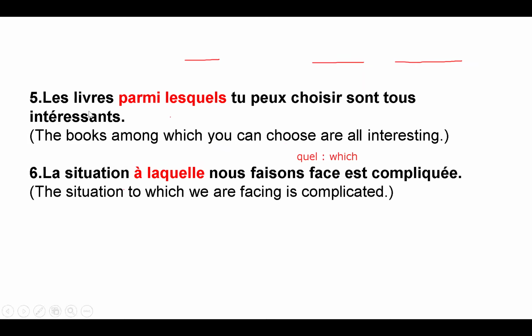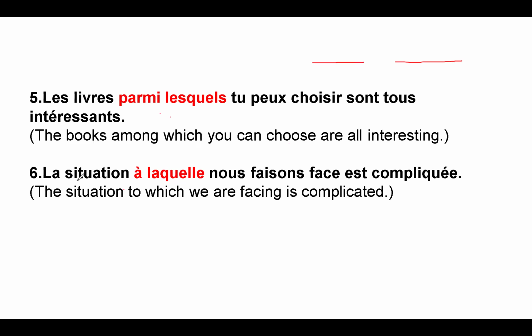Now, next one: les livres parmi lesquels tu peux choisir sont tous intéressants. The books among which you can choose are all interesting. Here we are talking about les livres, masculine plural, so we put lesquels.